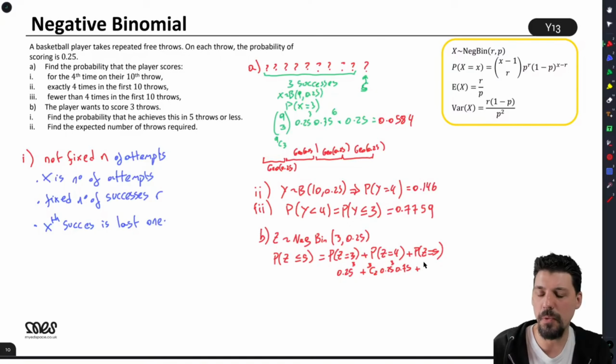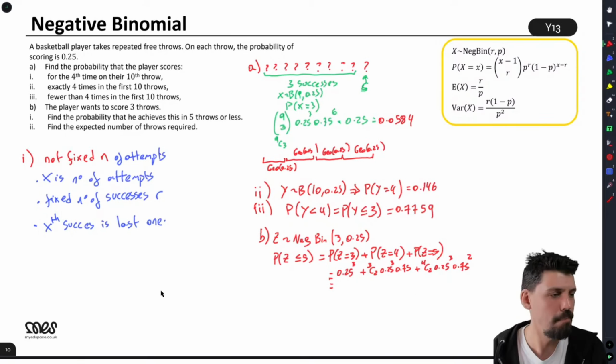And if Z is 5, you're going to want 2 successes in your first 4 throws, so 4C2. You're still going to want your 3 successes, but now you've picked up 2 fails. All right, so now we just need to plug it all in.